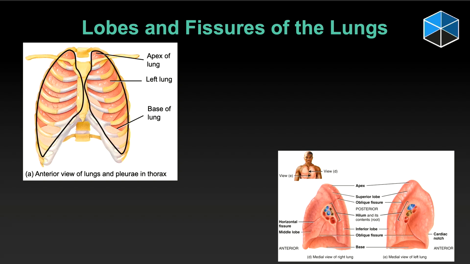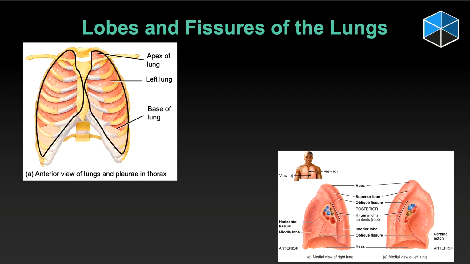Notice everything all told, the lungs sit in close proximity to the rib cage, and like the heart, the apex refers to the pointy bit, the base refers to the flat bit of the lung, but the orientation is reversed. Here the apex is at the top, and the base of the lung is at the bottom.